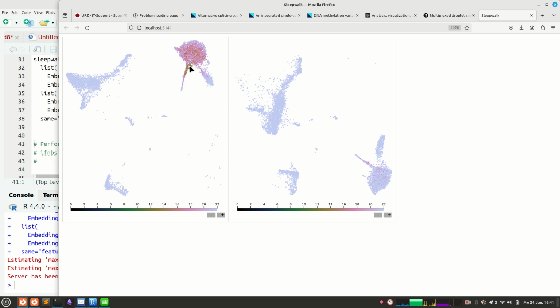So let's keep in mind what we want to achieve is that we reduce this: the distance from a control cell to its closest stimulated cell should be no bigger than to its closest control cell.